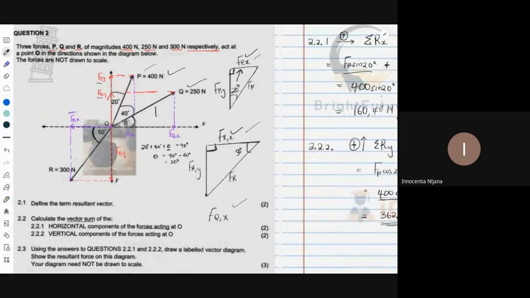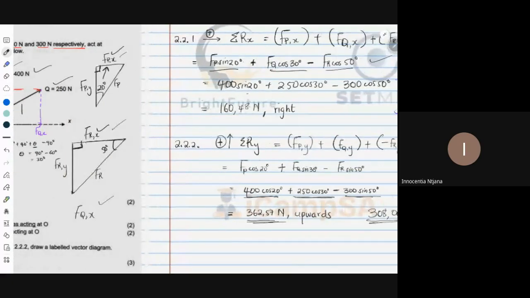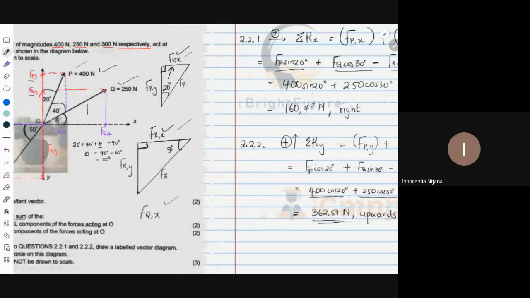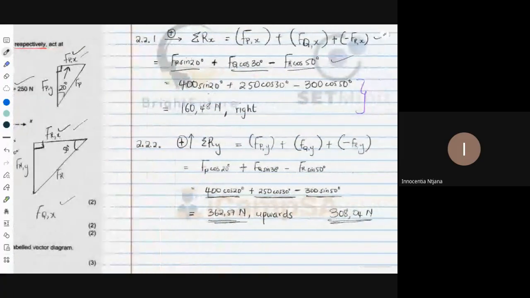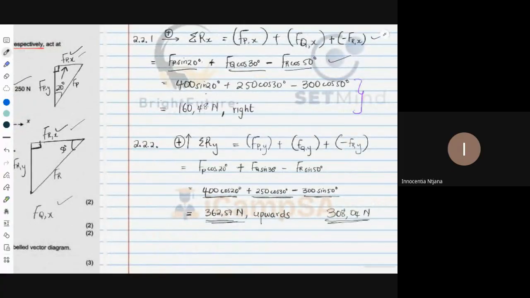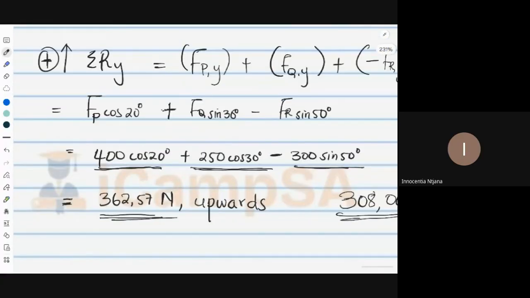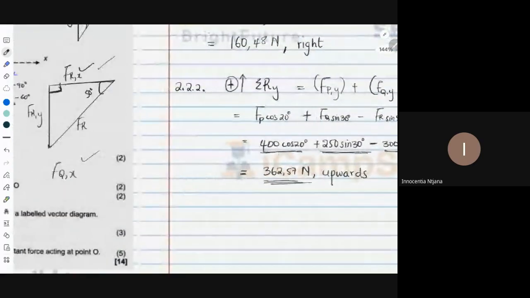FQY is sine. Yeah, FQY should be sine. FQX is cos. Oh, I made a mistake here. FQ, 250 sine 30. Yes, you are right. That's a very, very horrible mistake.